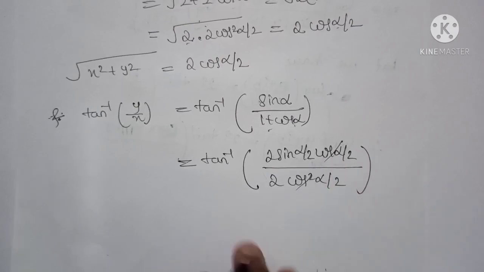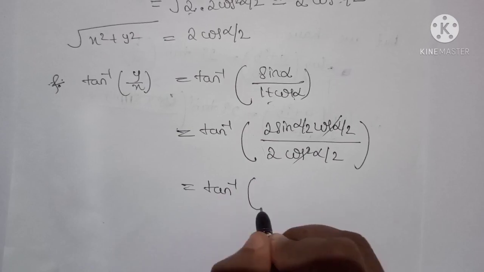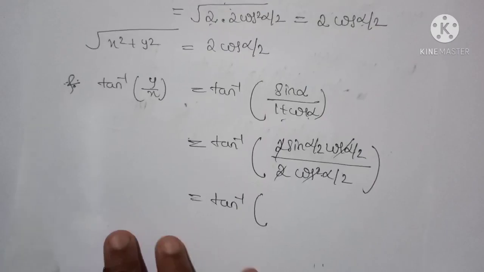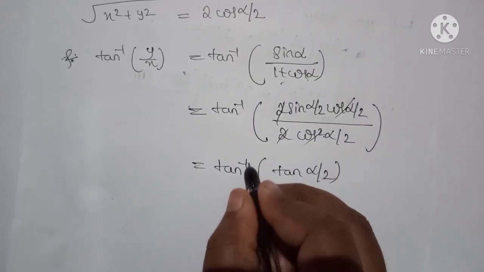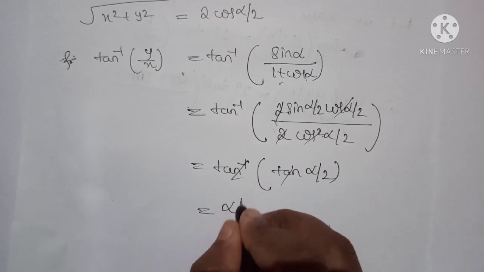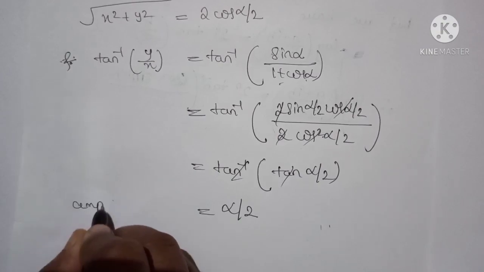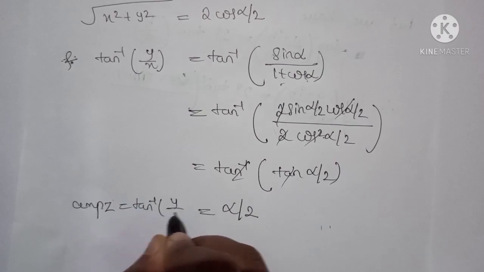One cos term gets cancelled, and the 2 also gets cancelled, so we get tan inverse of sin by cos, which is tan of alpha by 2. The tan inverse and tan get cancelled, and we get alpha by 2. So this is the amplitude of z, tan inverse of y by x.